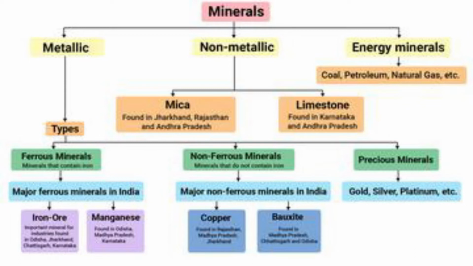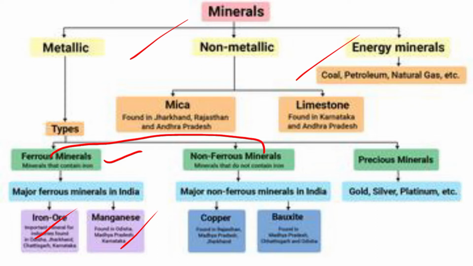These are the classification of minerals: metallic, non-metallic, energy. Metallic is further classified into ferrous, which contain iron, major ones being iron ore and manganese; non-ferrous, which do not contain iron; and precious minerals, gold, silver, platinum, etc. Non-ferrous: copper, bauxite.